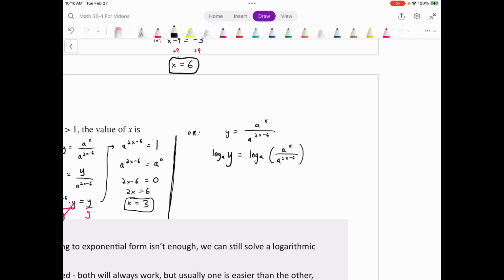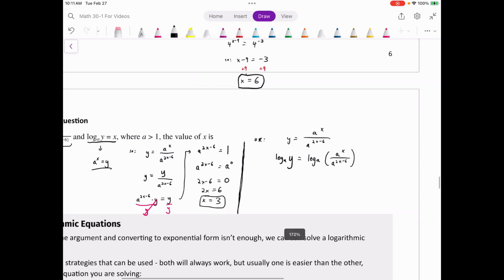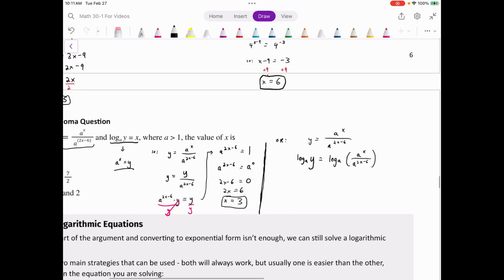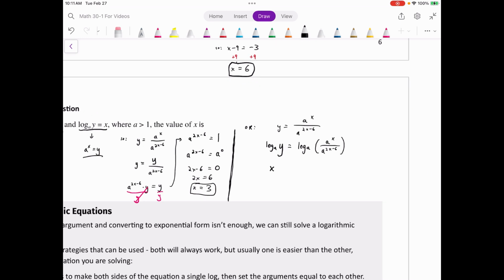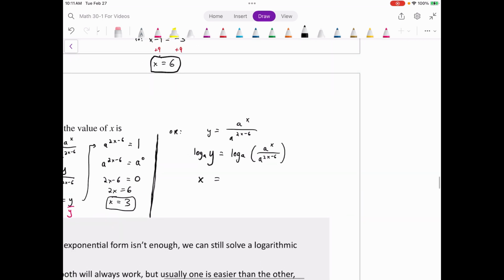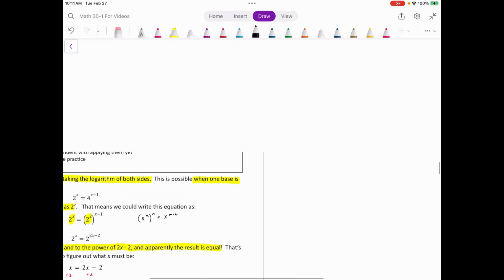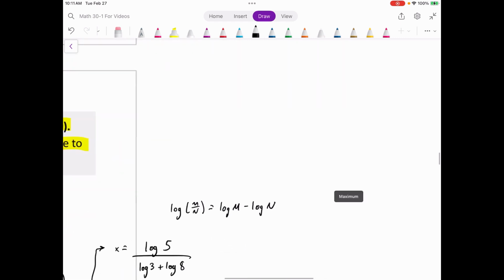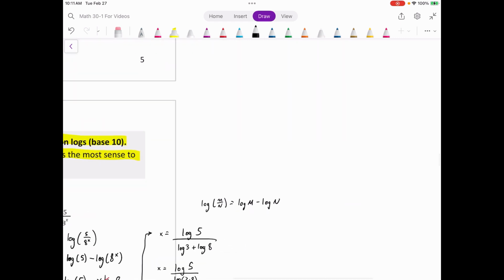Because, look at what I can now say. Log base a of y, well, that's just x, right? So x has to equal, and kind of same thing now, I don't have to worry about the fact that I don't know what y is, right? And now I can start thinking about log laws and how I can maybe simplify this a bit, because I've got log base a of a quotient, right? So I can use this law here to split it up into two individual logs.